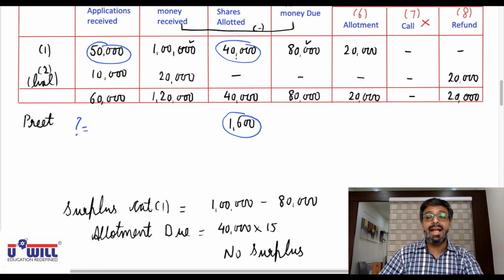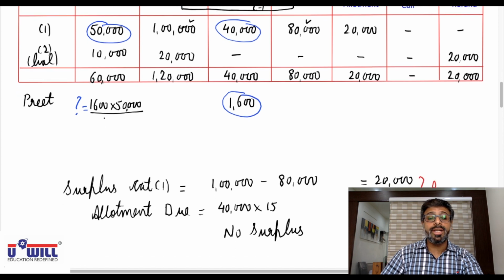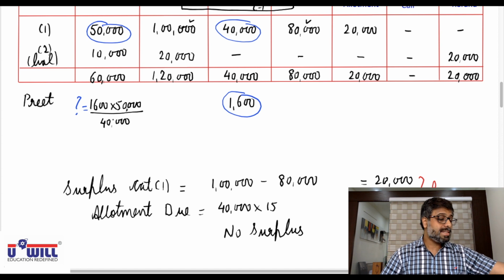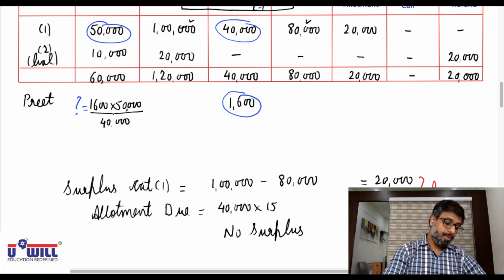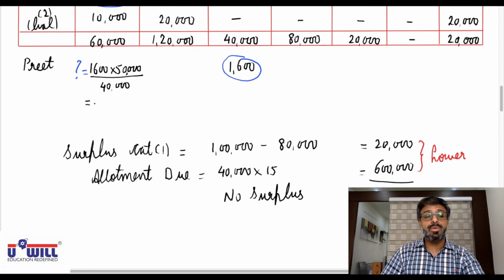Cross multiply and divide. 1600 into 50,000 divided by 40,000 means 2,000. 2,000 applications would have been made.